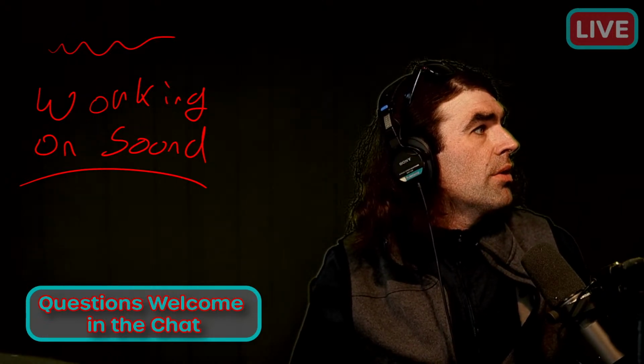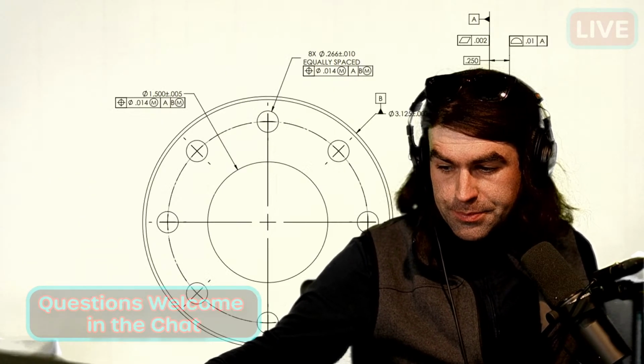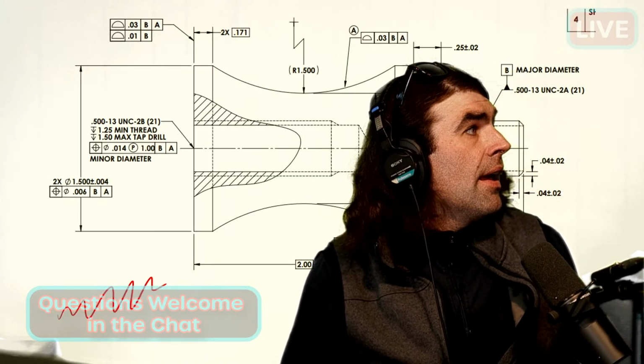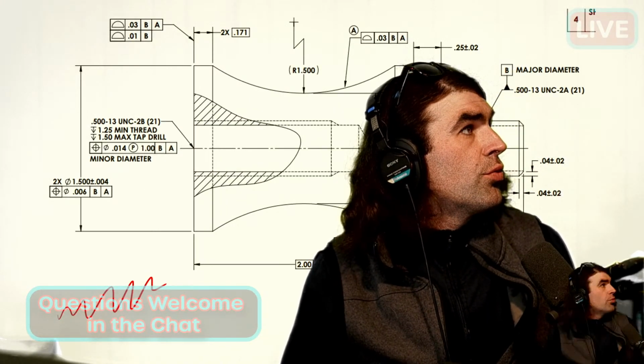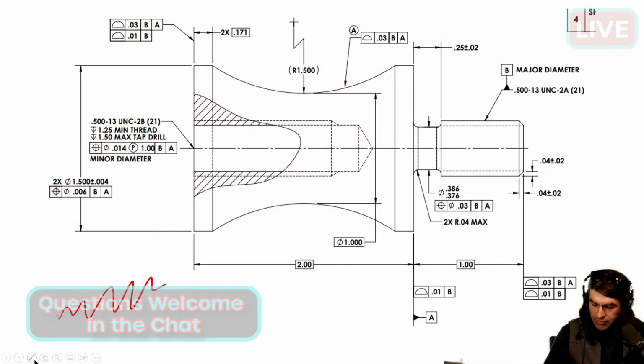Let me make sure I got that right. Okay. So I'm going to find a part with some round features, and what the DM had in it was somebody made a drawing.